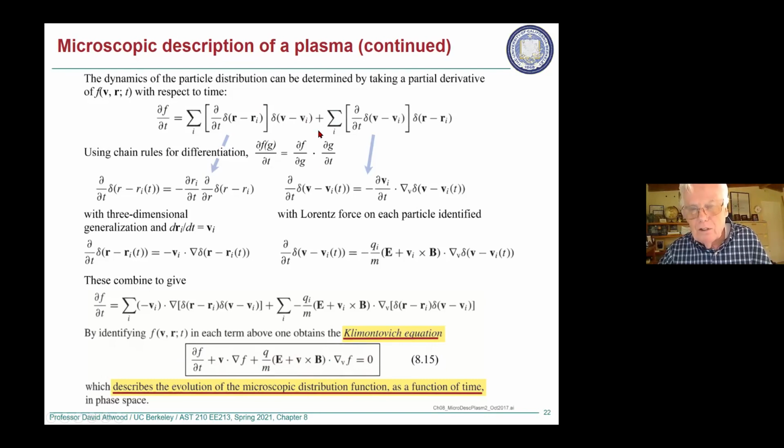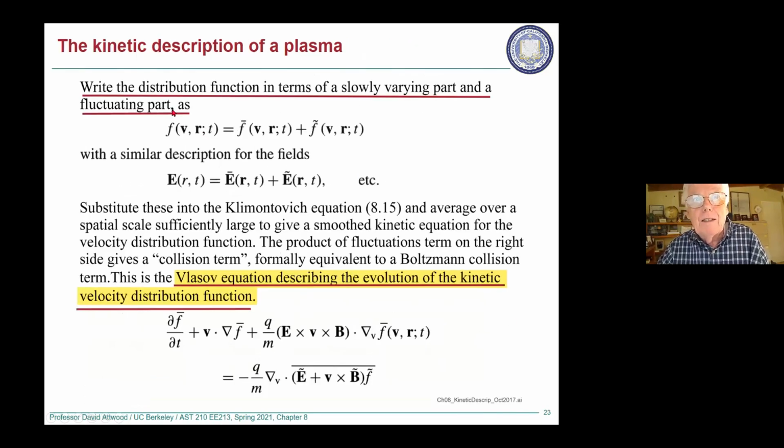There's something sweet about this mathematically. You then go to the kinetic description where you don't look at all of the individual particles. You take that stochastic distribution function and you break it up into an average part, averaged over some volume that makes sense, or some time that makes sense.